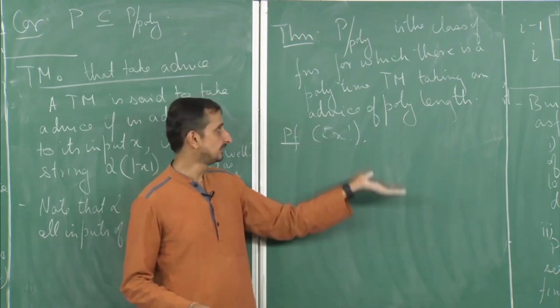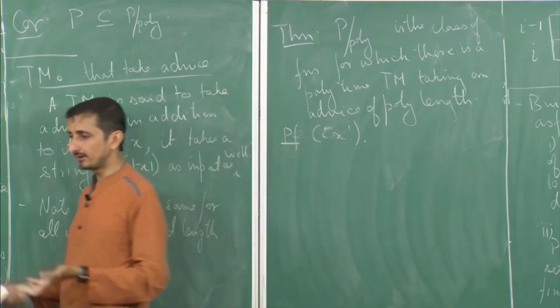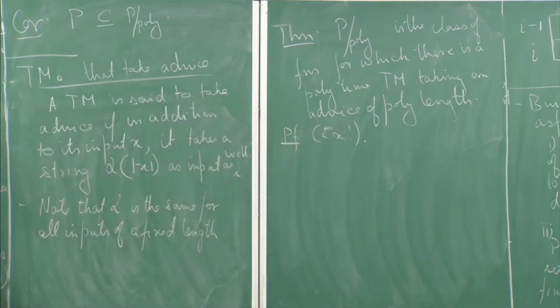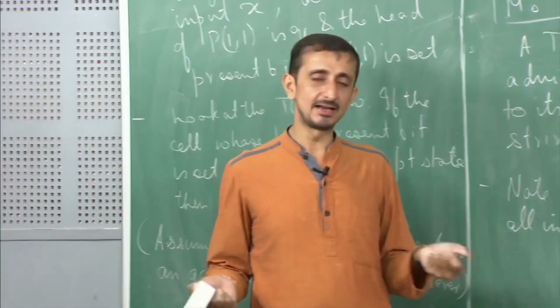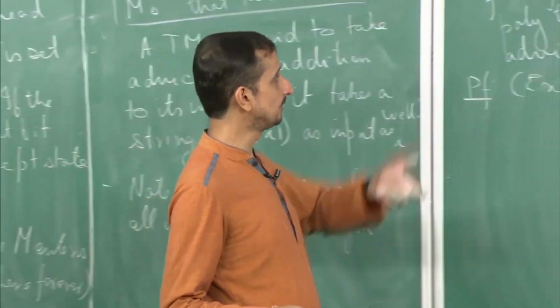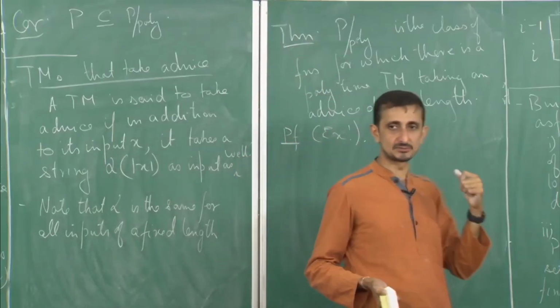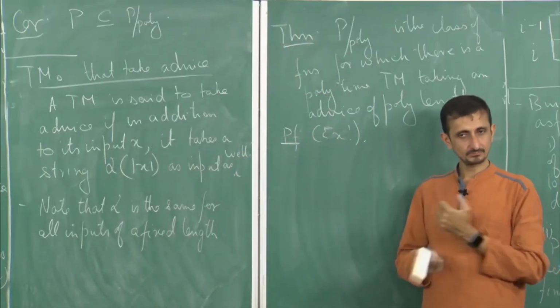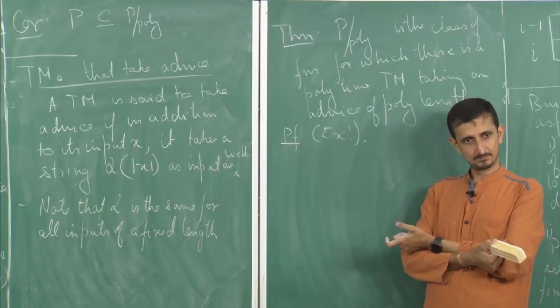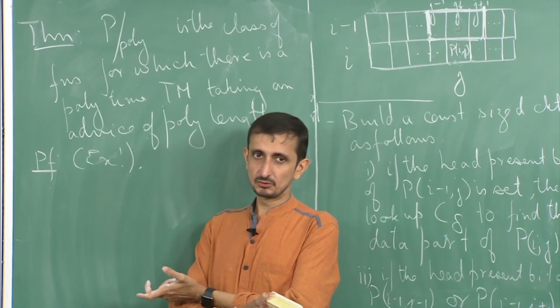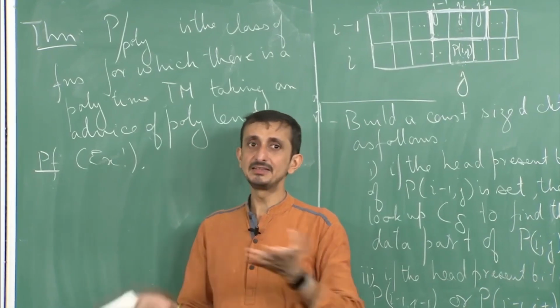That is one direction. The other direction is, suppose you are given a Turing machine which runs in polytime and also takes an advice string of polynomial length, how do you show it is in P/poly? What is the idea? Use this simulation and then hard code the advice. Exactly. How do you build the circuit?